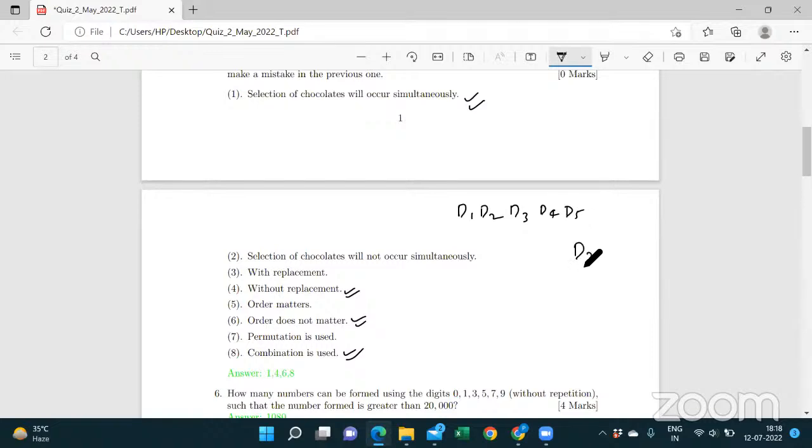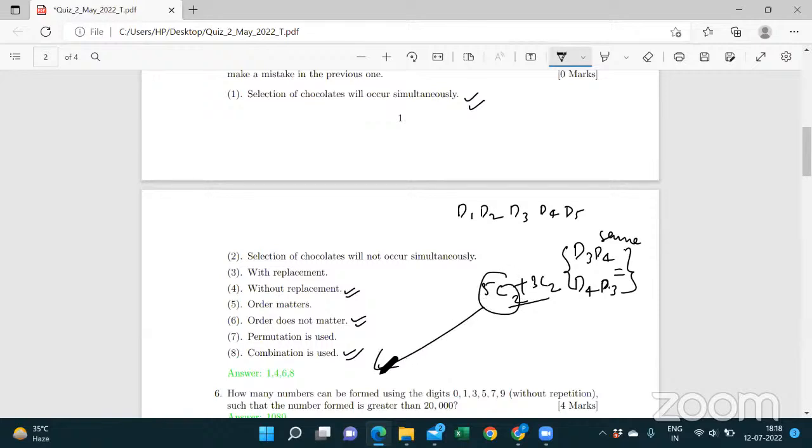Either I choose D3, D4 or I choose D4, D3, both are the same. That means order does not matter, and I have to choose 2 chocolates out of 5, so combination is used here. Is that clear? EMQ things.